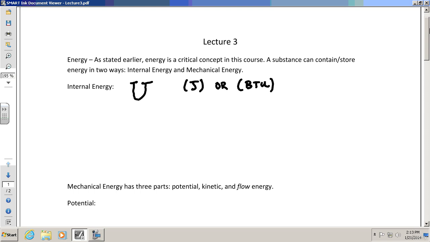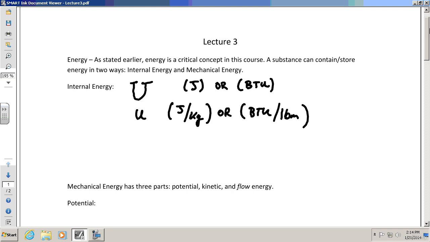So I use a lowercase u like that to mean joules per kilogram or BTU per pound mass. That's a lowercase u. That uppercase, lowercase designation should hopefully hold every time in the class. If it's lowercase, it's expressing that amount as per kilogram or per pound mass.